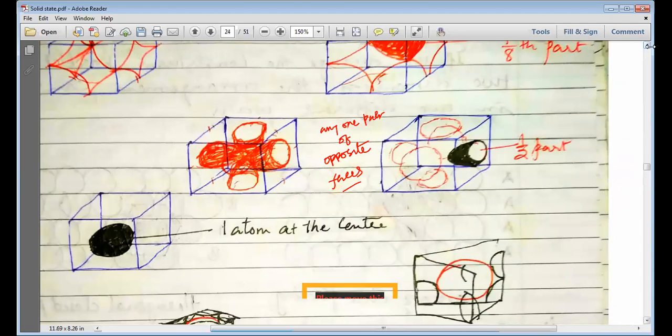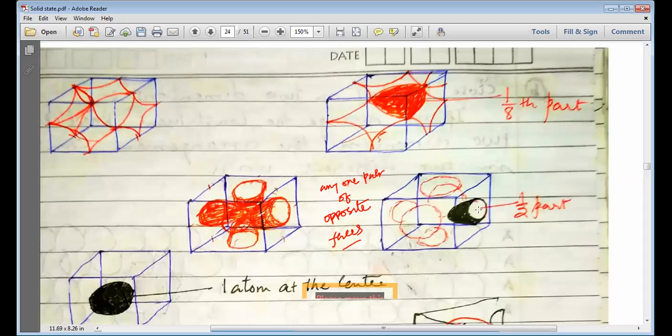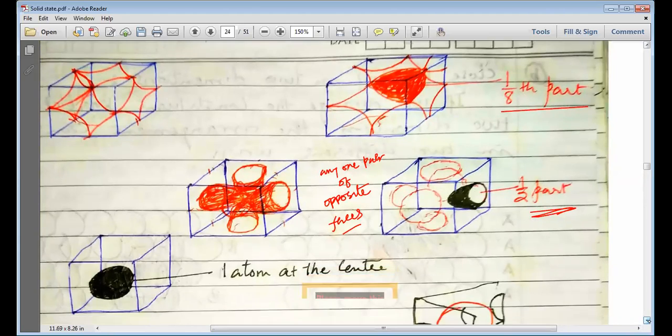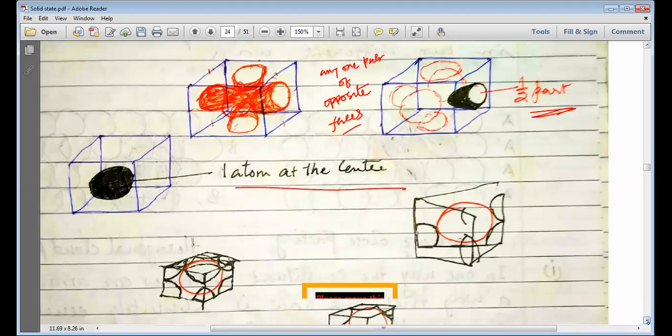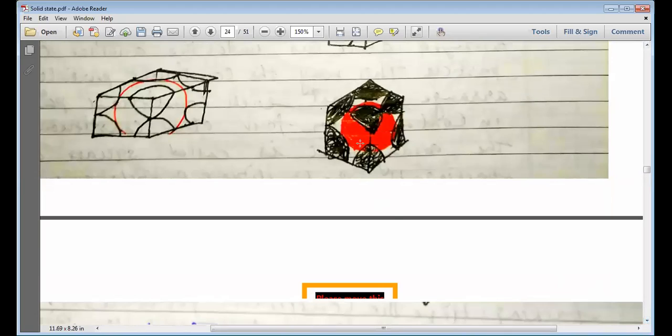So now you can see, my dear students, that the face particle is 1/2 present in the given unit cell. If it is at a corner, it is 1/8 part present in the unit cell. You can see here, if it is present at the body center, one full atom is present inside the unit cell, and that is how you can see even here that this is the body-centered unit cell, which has a particle completely present at the center of the body, and apart from that, a 1/8 share of each corner particle is present.